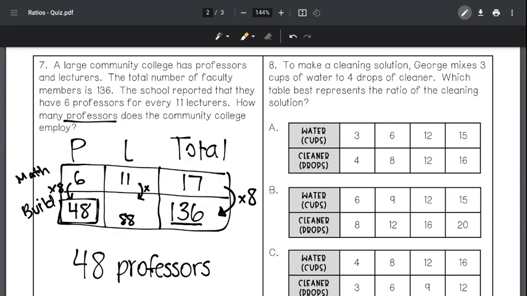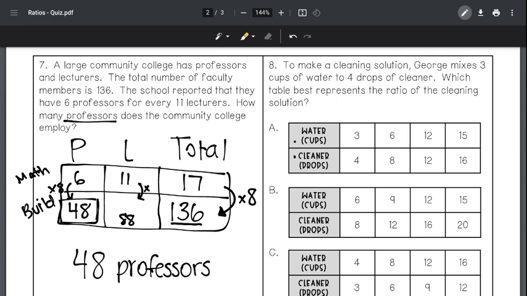All right, to make a cleaning solution, George mixes 3 cups of water to 4 drops of cleaner. Which table best represents the ratio of cleaning solution? All right, so water to cleaner drops. Okay. So, in order for this ratio to make sense, it has to be a consistent pattern.